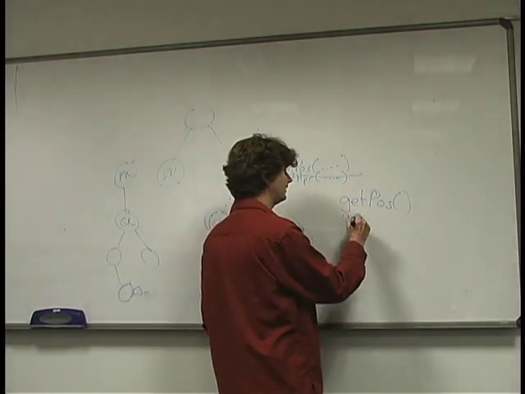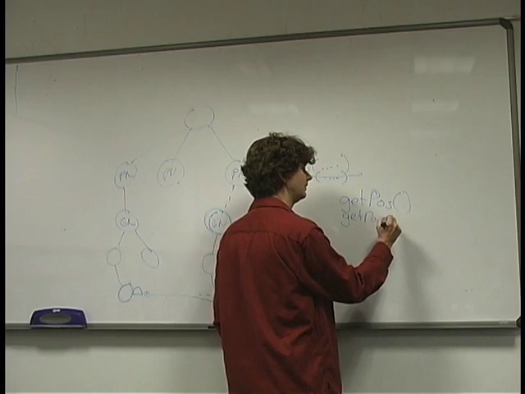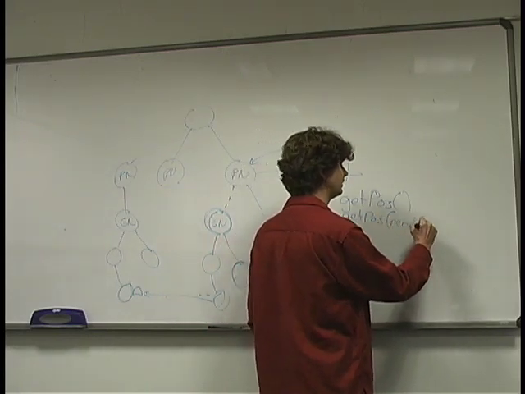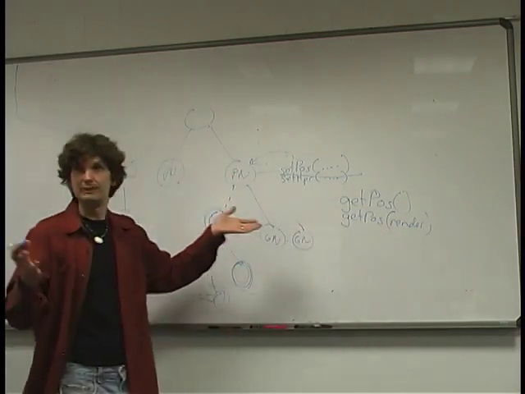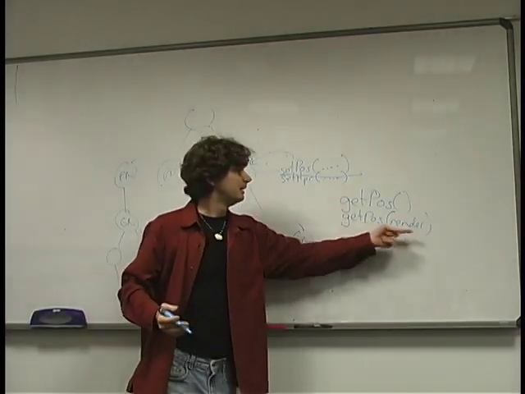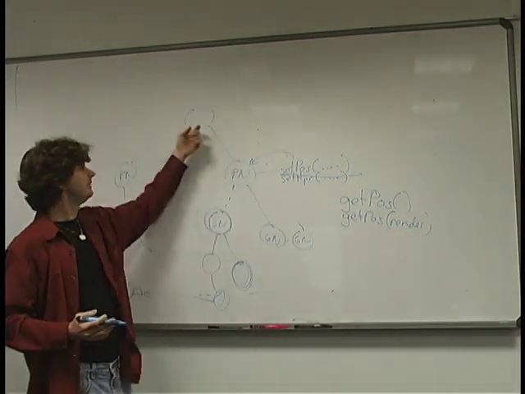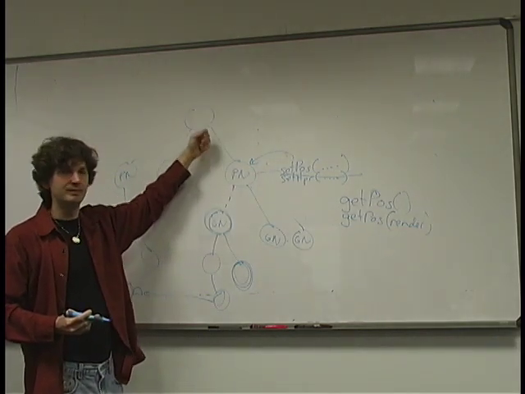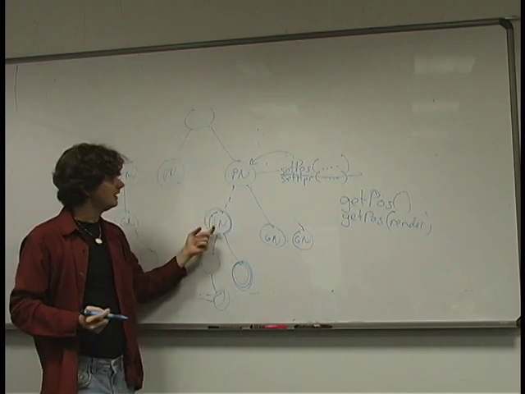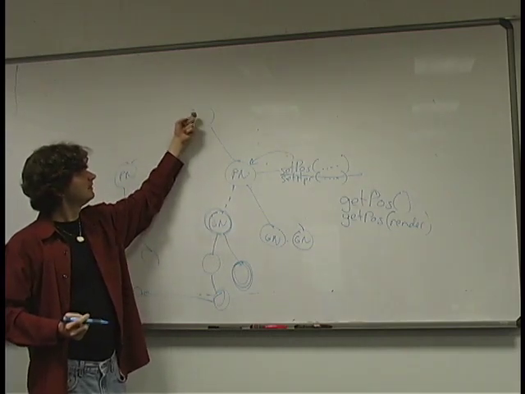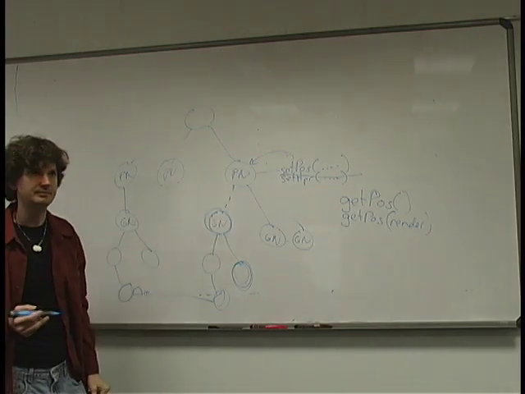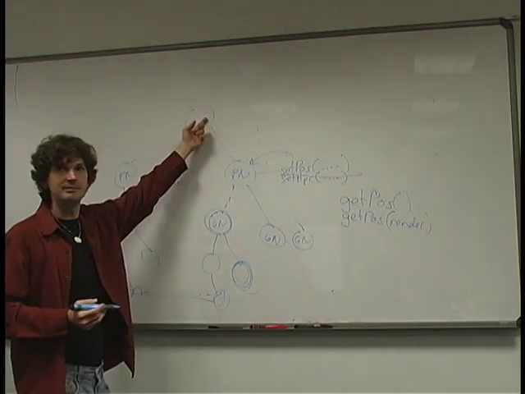We can also call nodepath.getPos with any particular node we like. Frequently, for instance, the root of the graph, render, or an empty node path is the same thing. GetPos with the top of the graph means get me the position of this node relative to this particular node, or render as this case may be. Which means, really, accumulate this transform from here to here to here, and give me that answer. And that's pretty powerful.